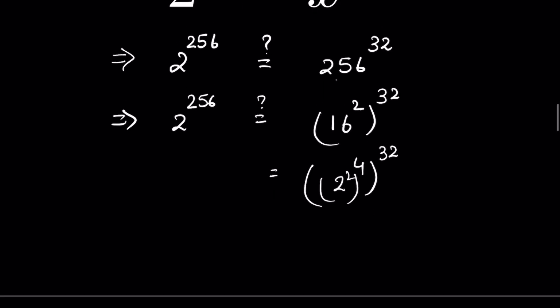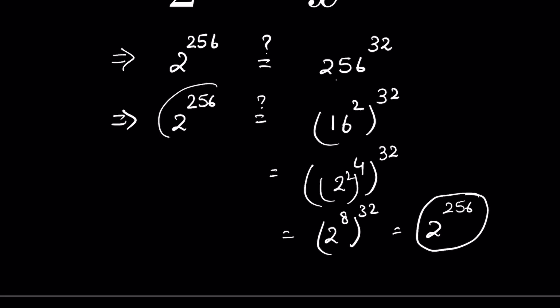So this is 2 to the power 8 whole to the power 32, and that is equal to 2 to the power 256. So LHS is equal to RHS.